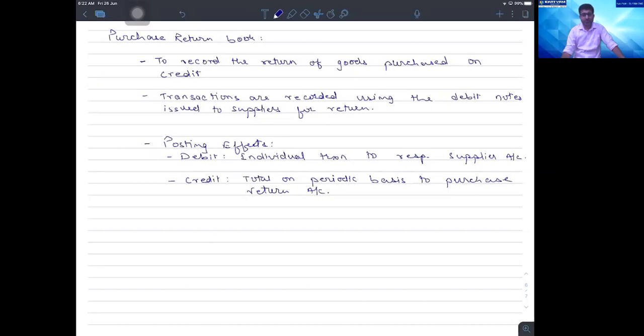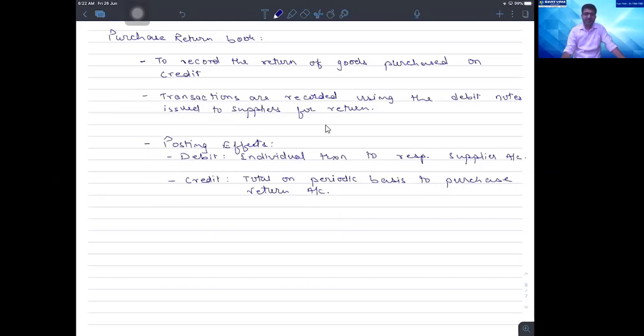Now, how do we do the posting of our sales return book? Debit the total of the sales return book periodically to the sales return account and credit individual transactions to the respective customer's account.